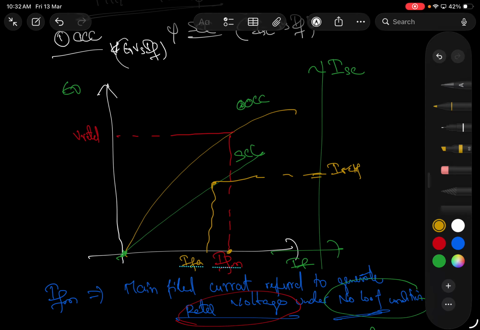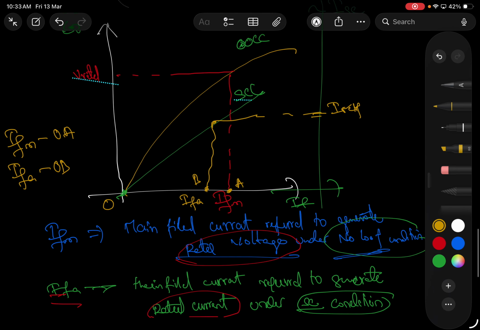This A point is OA, and this point is B. IFM length is OA, IFA length is OB length. This is the main field current required to generate rated current under short circuit condition. This is IFM and this is IFA. This method is comparatively easy.